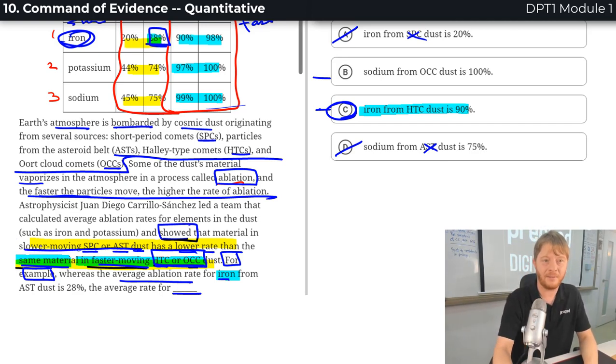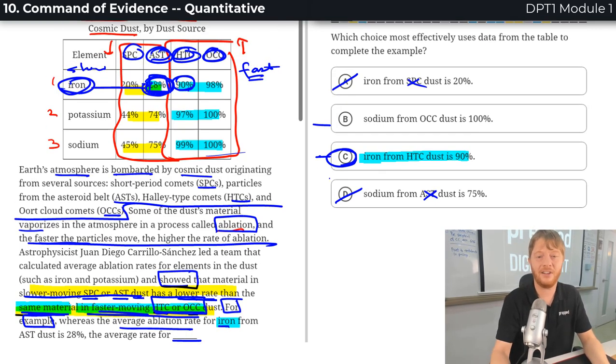Slower moving dust is having a lower rate than the same material when it's faster moving dust. And so iron, when it's this type of dust, 28%, is slower than the average rate for iron when it's HTC dust, which is faster dust, and it is higher. So that must be the answer. C, final answer, and we'll move on there.